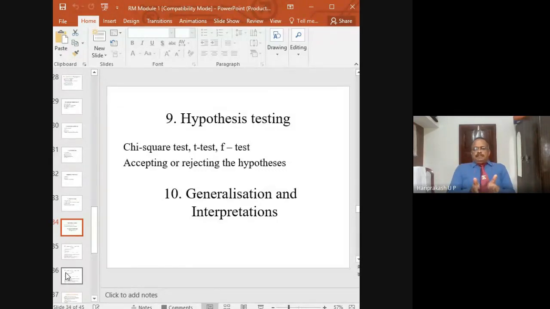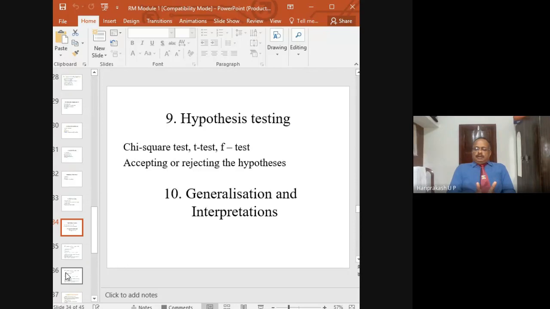Based on the data type and sample numbers, you are going to apply specific tests. And based on the result, you are accepting or rejecting the hypothesis. You may accept the hypothesis if the test values are at a certain level, and if it is below a certain level, you are rejecting the hypothesis. Depending on the test results, you will accept or reject the hypothesis.